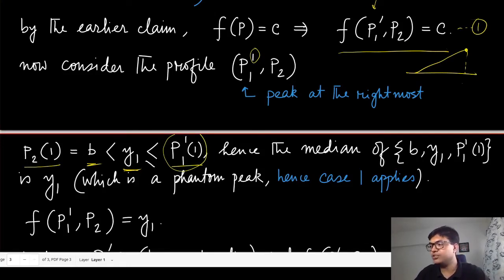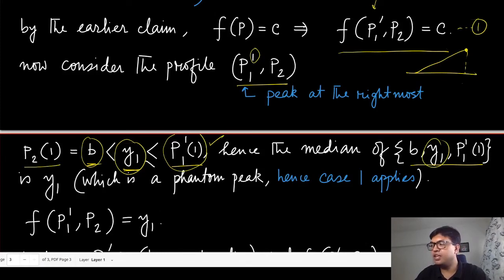So if we just look at this particular preference profile, P11 and P2, there are these three peaks. One peak is on the extreme right, the second is the phantom one, and you have another agent peak which is B. Because of these three peaks, the median happens to be Y1, which is a phantom peak.